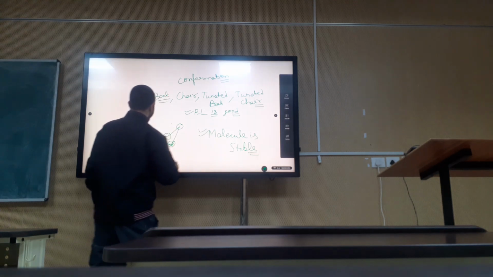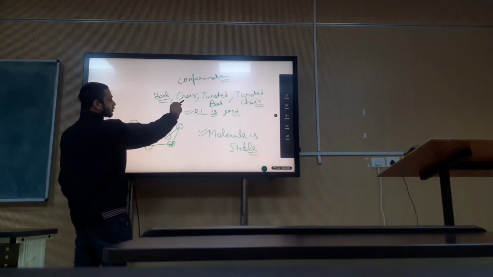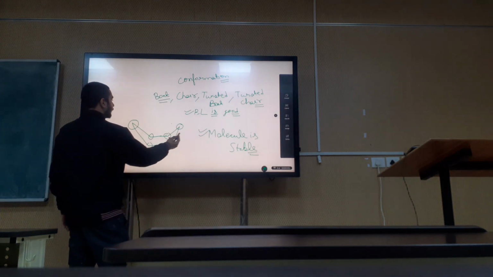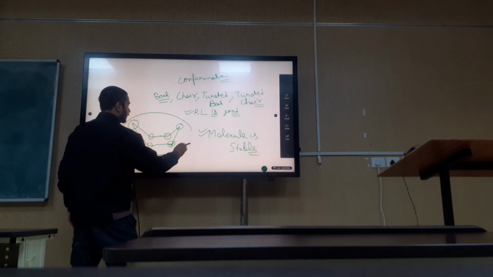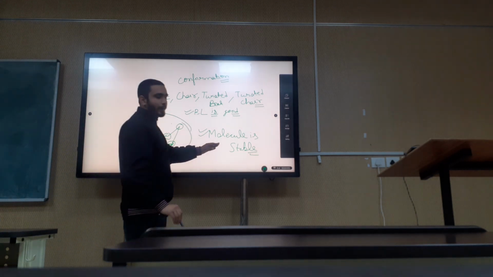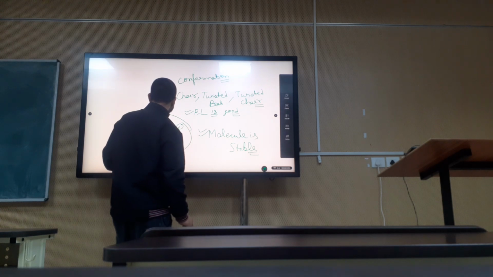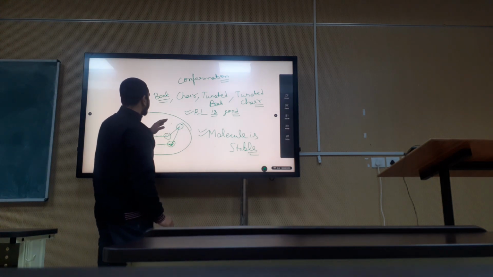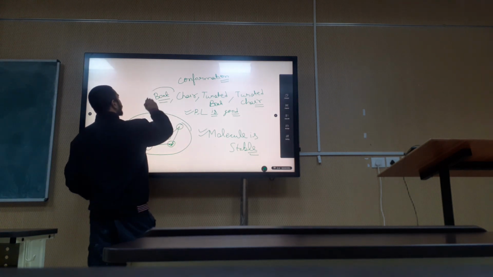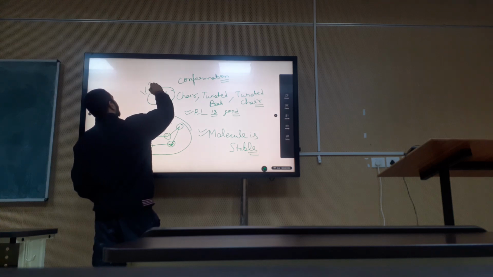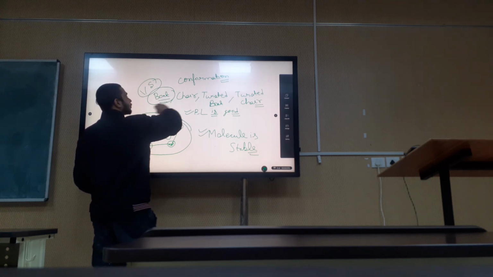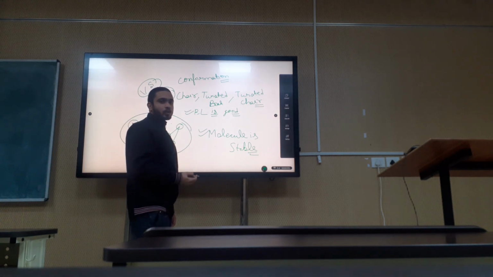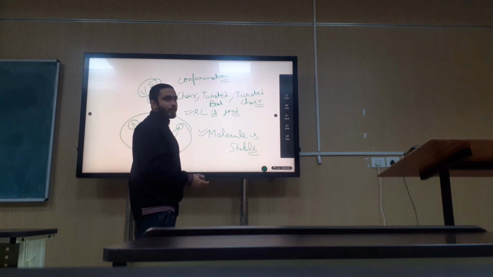So the compounds try to fit in these types of conformations so that they are stable. What happens is, the boat form is very stable among all these conformations. So the particular compound tries to fit in this boat.